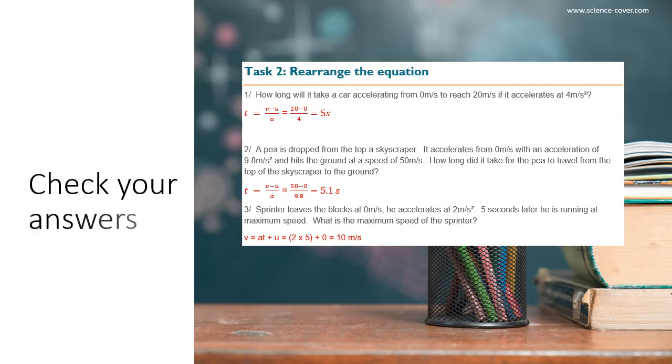Let's check the answers for task 2. Question 1. The time that the car is accelerating is 5 seconds. In question 2, the time that the P is falling for is 5.1 seconds. In question 3, the maximum velocity of the sprinter is 10 meters per second.